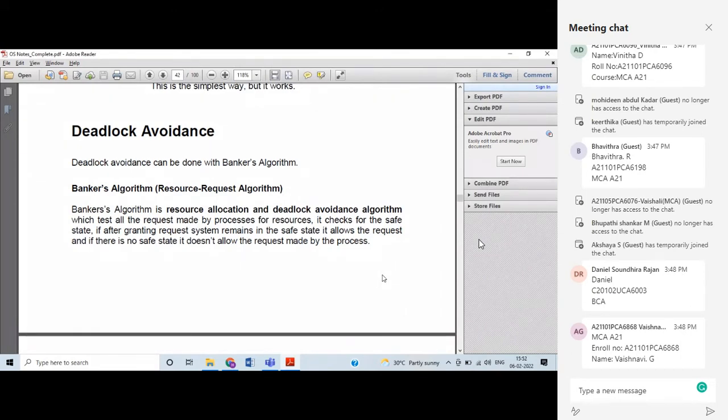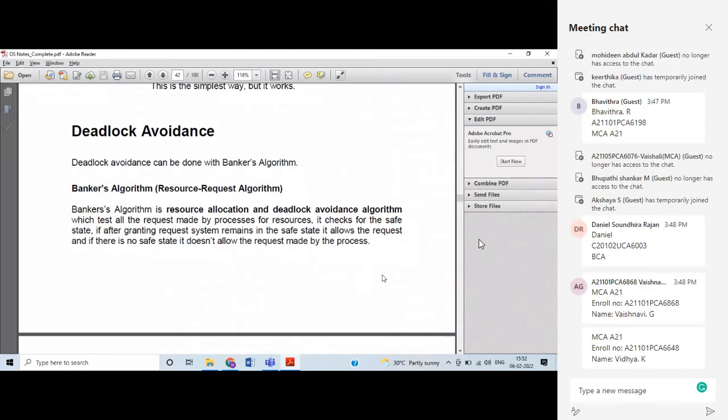Whenever a process makes a request to access a resource, at first it tests the request, and then checks for the safe state. Only when it is safe will it allow the process to acquire the resources. Otherwise, it won't. Students, I hope you have understood the concept of the banker's algorithm. Yes?